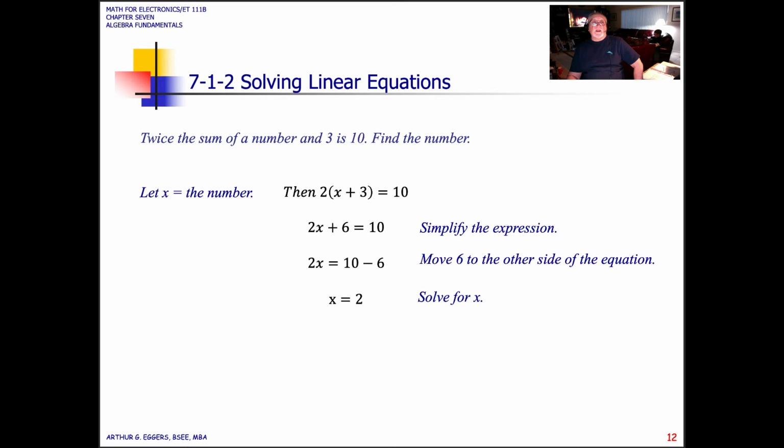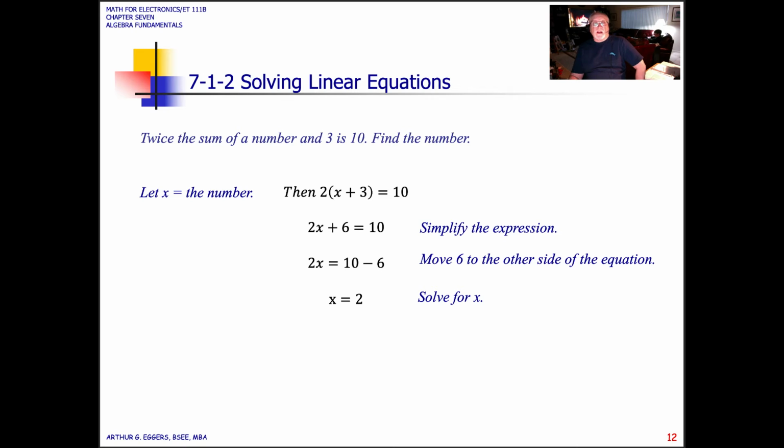So in doing this, let x be the number, then 2 times the amount in parentheses, x plus 3, is 10, is the mathematical expression for that little word problem. So multiplying through, 2x plus 6 equals 10. We've simplified the expression. We're going to move the known values, the real values, to the right side of the expression.